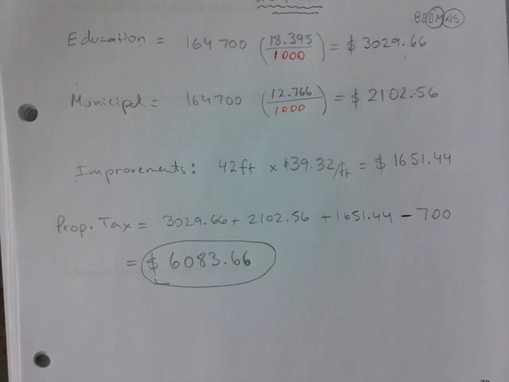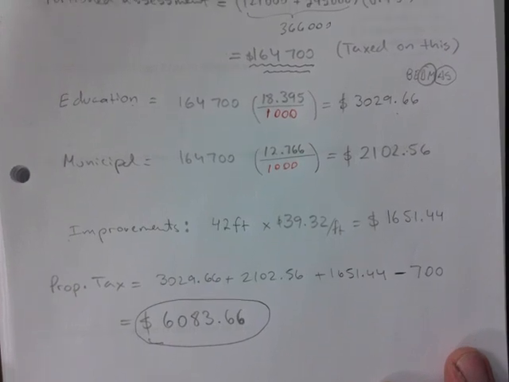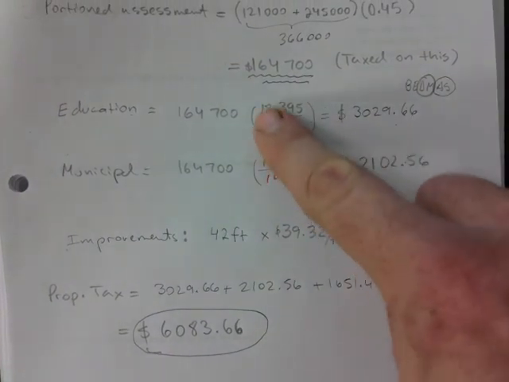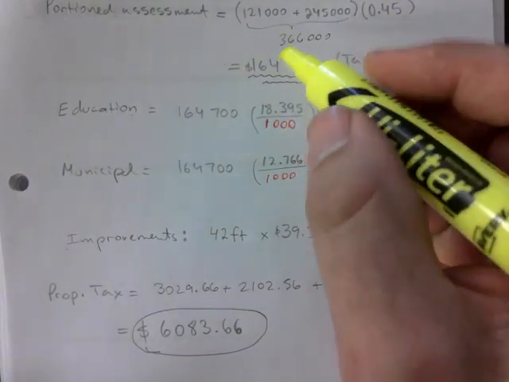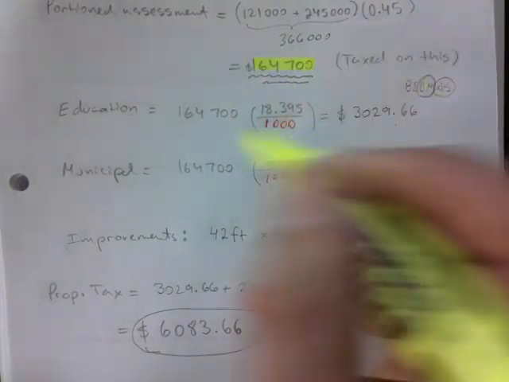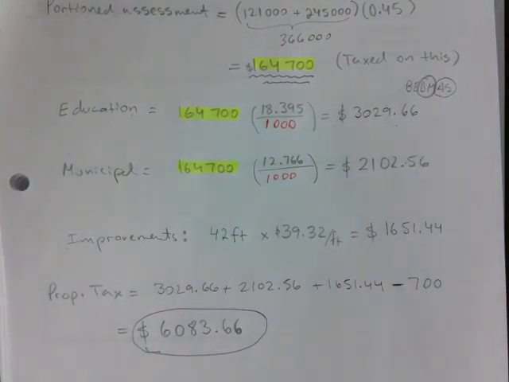That's how you do one from scratch, like way at the top. We started off with having to figure out our portioned assessment, right? So that number was used to figure out the municipal and the education taxes, right?